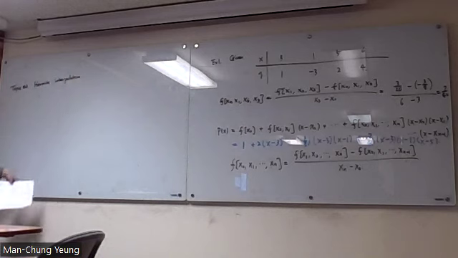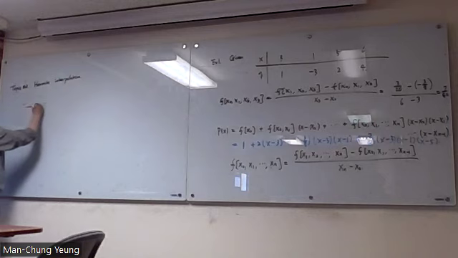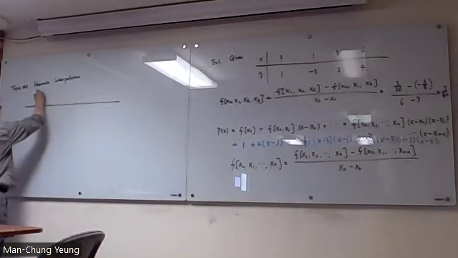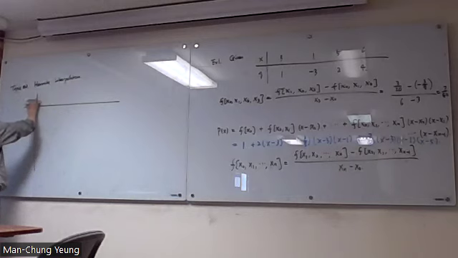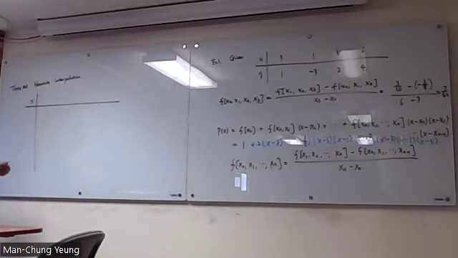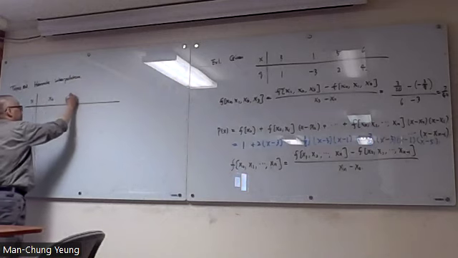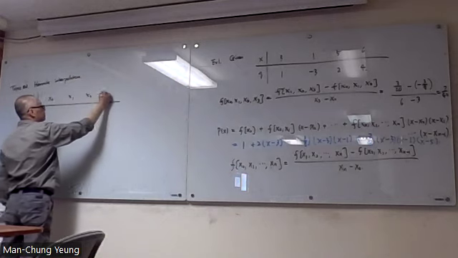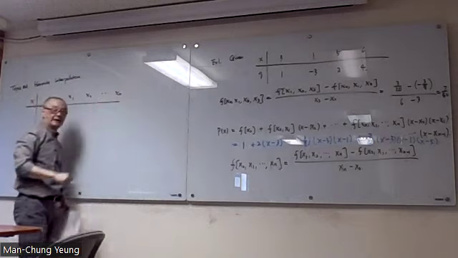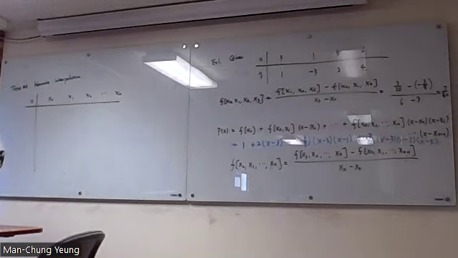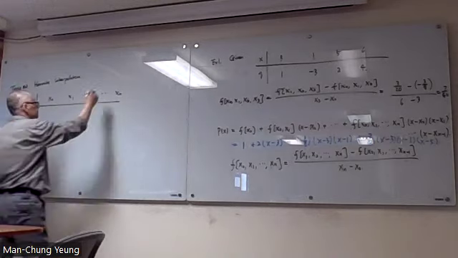Given some x values, we assume these x values are different: x0, x1, x2, up to xn. We call these x values roots.